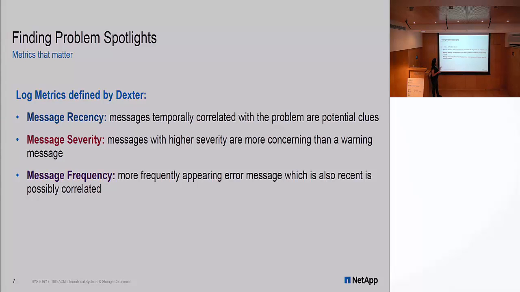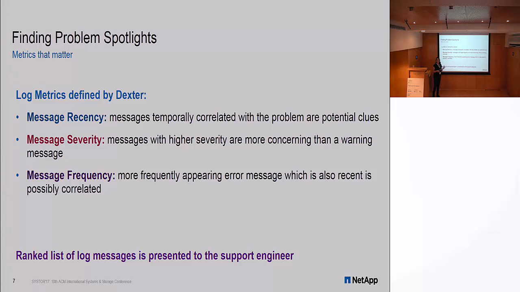So these three metrics are combined in a simple way in the paper to come up with a ranking for every message that is appearing in the system logs, and then they are scored and they are ranked. So these log messages which are ranked, and which Dexter comes up with as the top rated messages, are then presented to the support engineer for further analysis, and that might help in root causing or troubleshooting the problem.